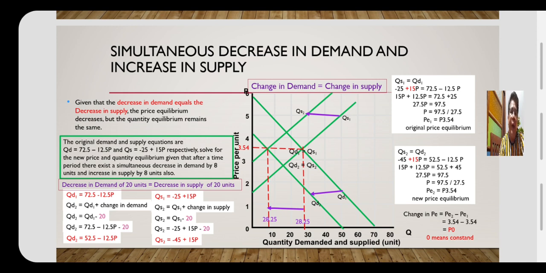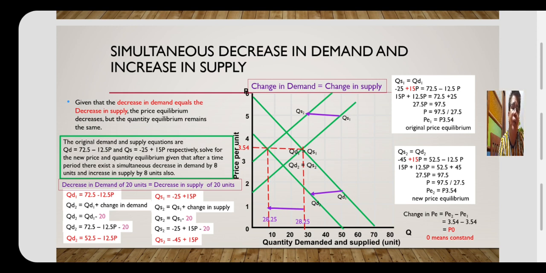And you can notice it from the same line of the new price equilibrium and the original price equilibrium. The new price equilibrium is 3.54 and the original price equilibrium is 3.54 also. So what has changed is the quantity equilibrium.